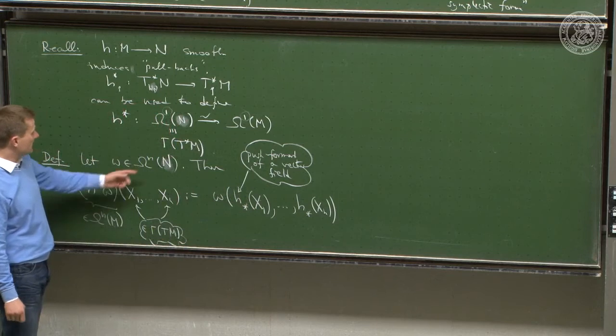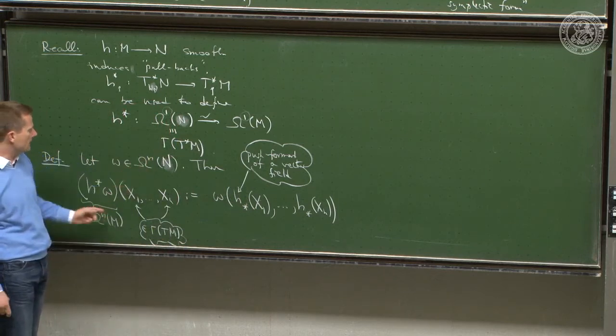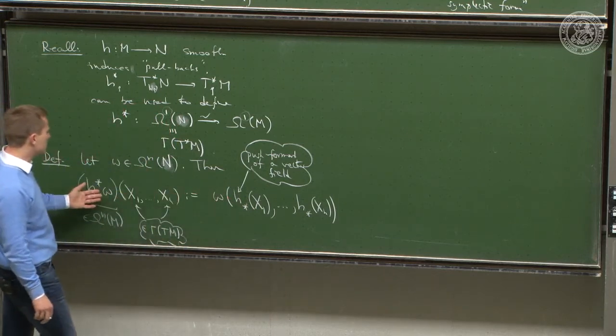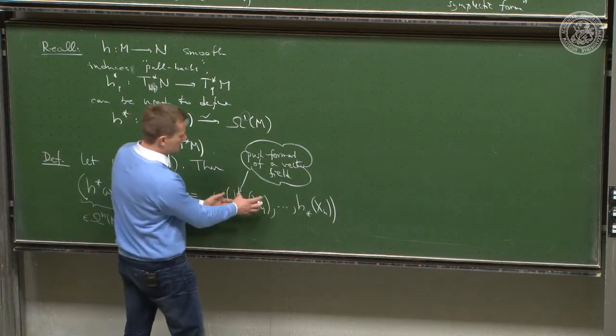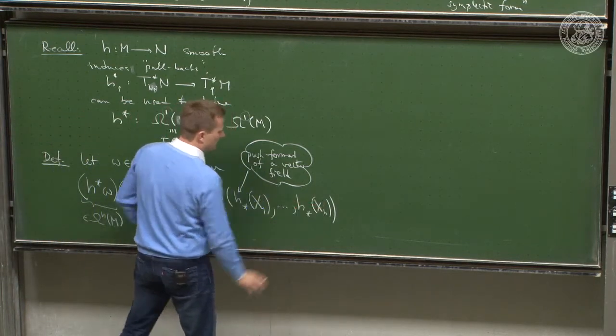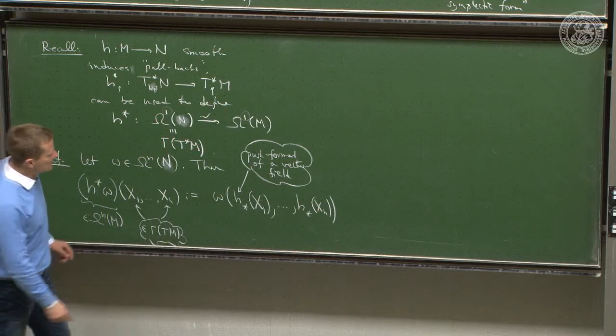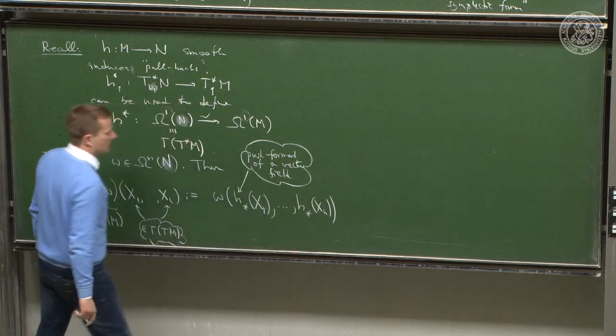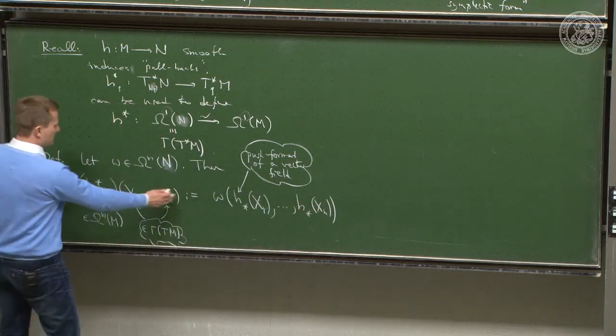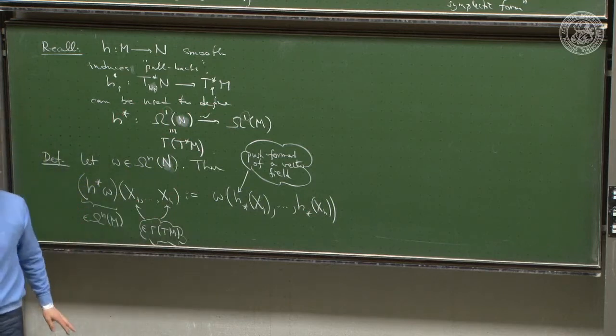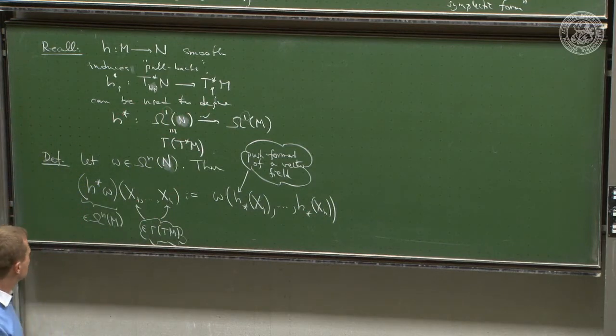And you've got to check, if you want to ensure it's a form again, that it remains anti-symmetric, but obviously it does because we only touch the individual entries here, and omega is an n form, so this thing is an n form. It's a very simple extension of the pullback to n forms.